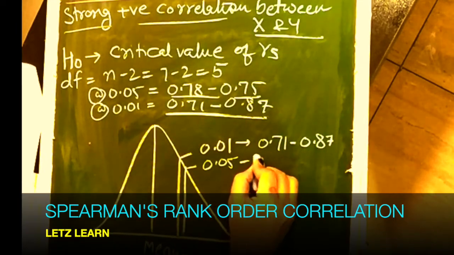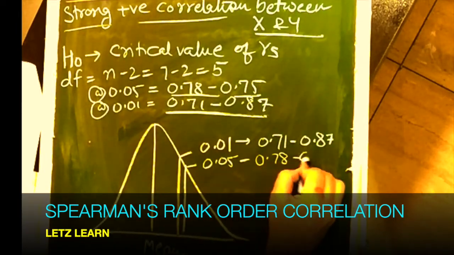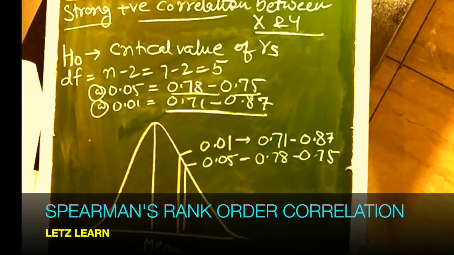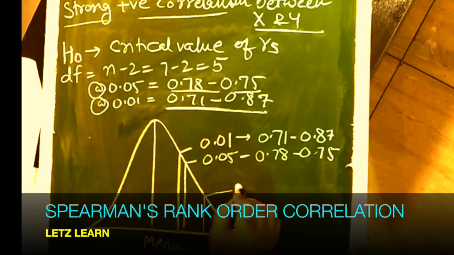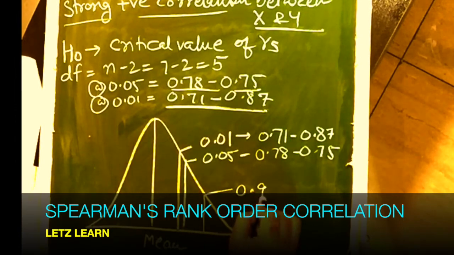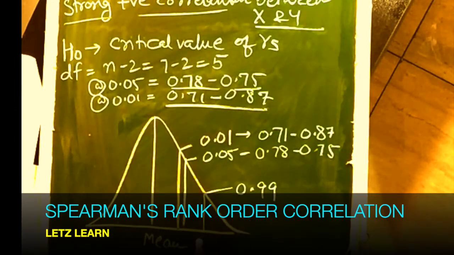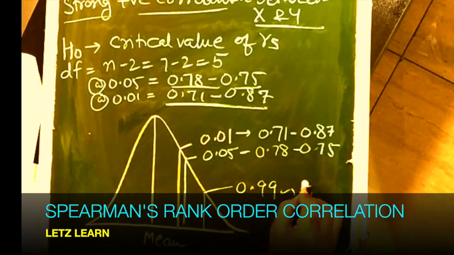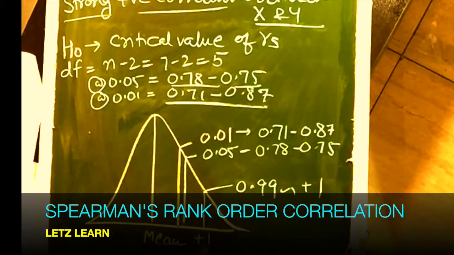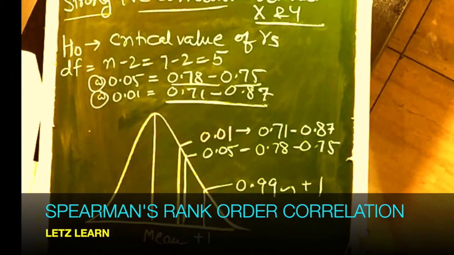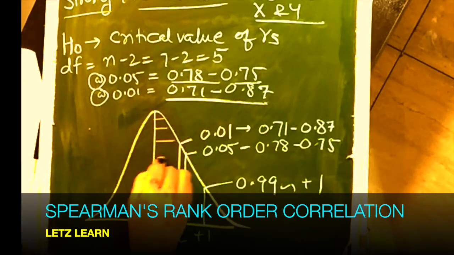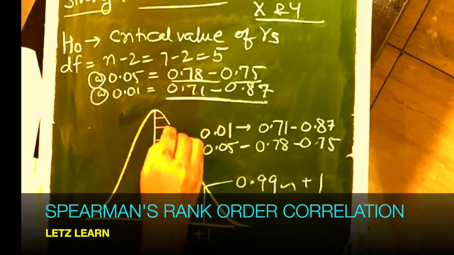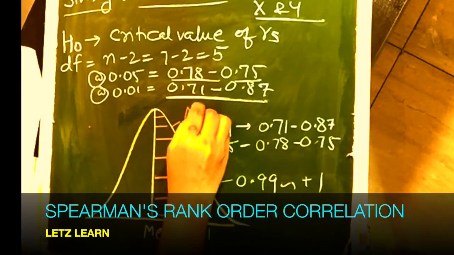Okay, so the area on the left of these two values will be, and before that let's place the value that we've got, 0.99. This is the value that is approximately positive 1. So the area on the left of this side will be the area of acceptance, AOA.